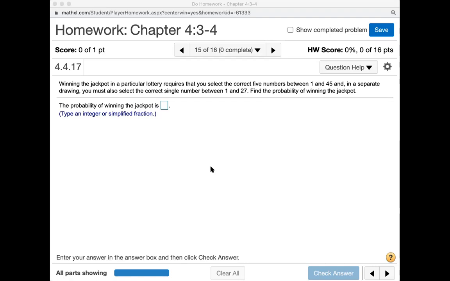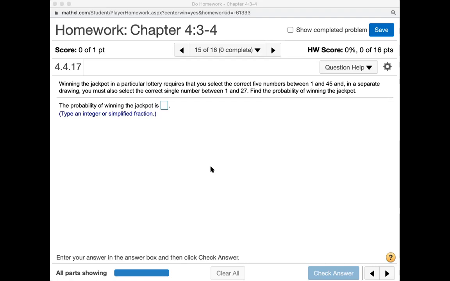Then, can we select the same number twice, multiple times? No, in a lottery, in common sense, you just choose different numbers between 1 and 45. So order doesn't matter and replacement is not allowed. So that's going to be a combination.